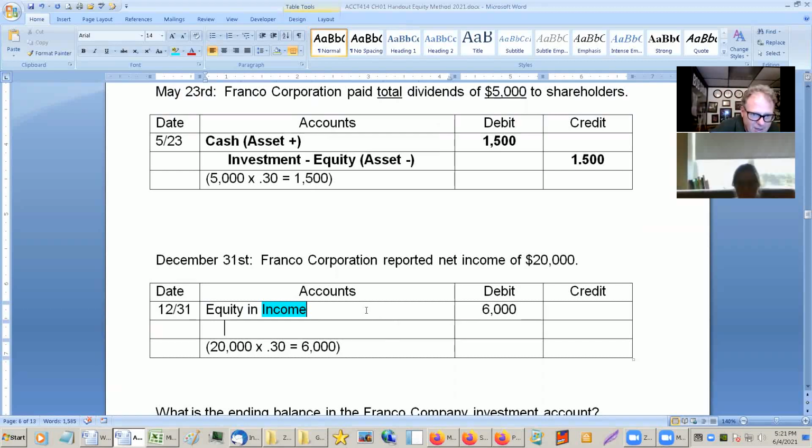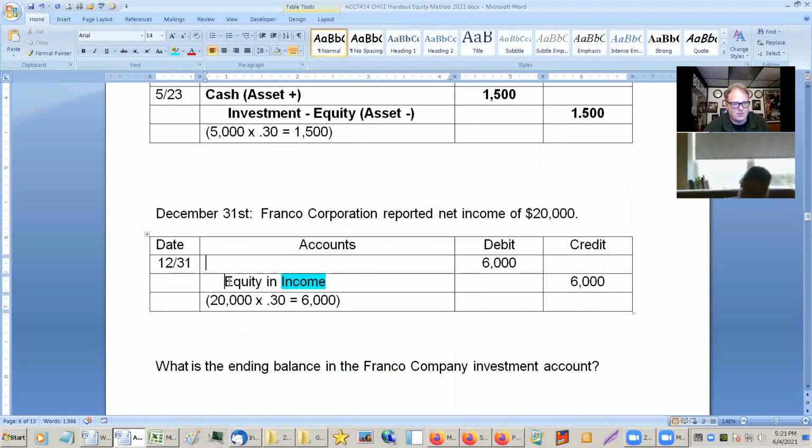I just did this wrong. I apologize. That is not where that goes. That goes as a credit. That's money coming in. My fault. Yeah, that's a credit. I just showed you that and then I put it in the next spot.